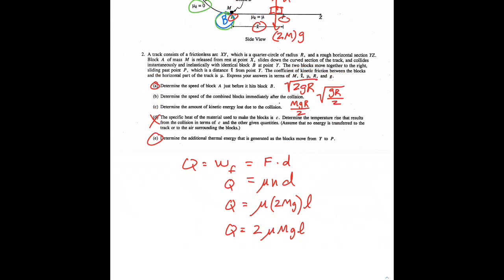So let's summarize. Our answer was 2 mu mg L for part E. And let's be clear about this one. That amount of energy that's converted to thermal energy is not the Q of the collision. So we have a block that slides down this ramp, no conversion of mechanical energy to thermal energy along the track, and then the two blocks hit and collide.